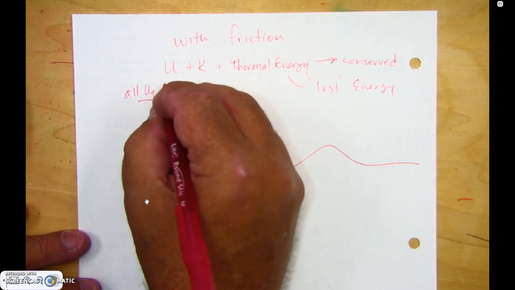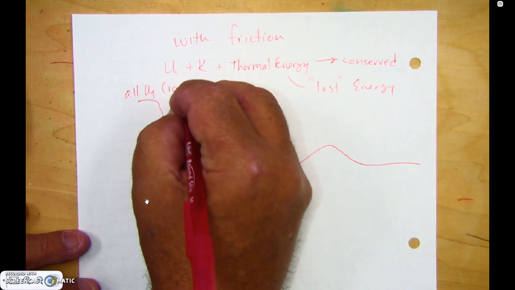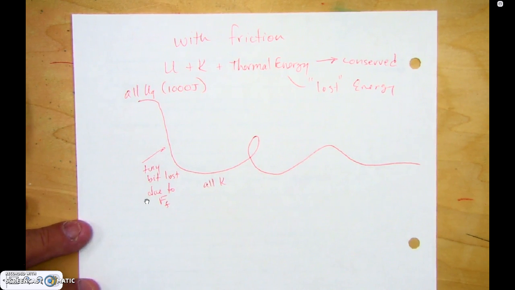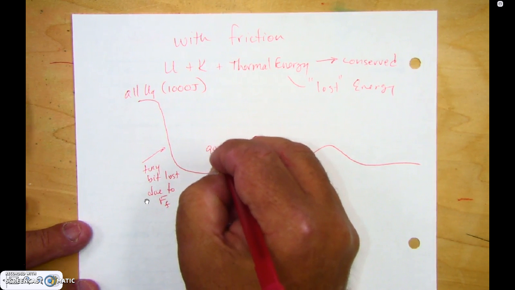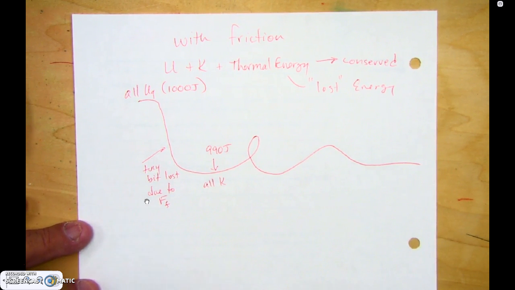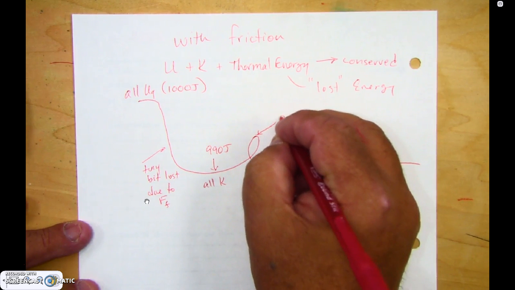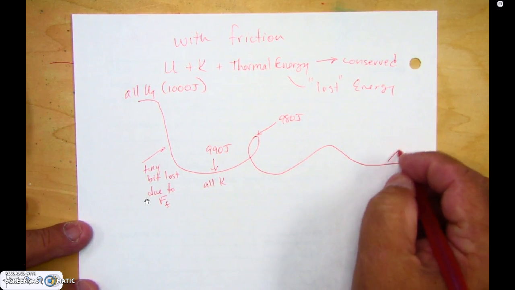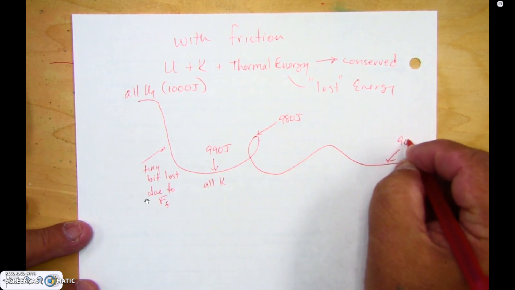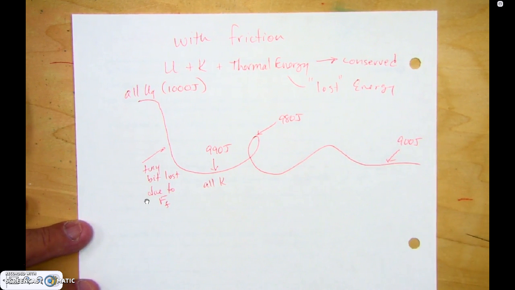So let's say this had 1,000 joules of energy right here. Down here, maybe it's going to be 990 joules of energy. Here it's going to be 980 joules of energy. Here it's going to be 900 joules of energy.